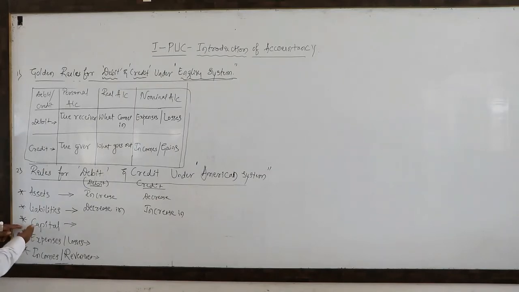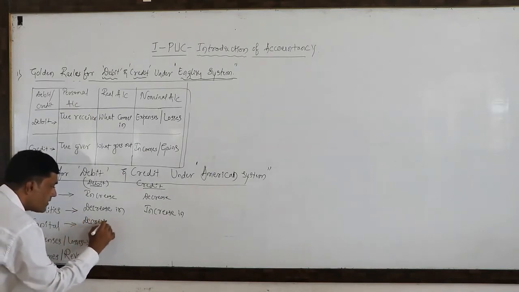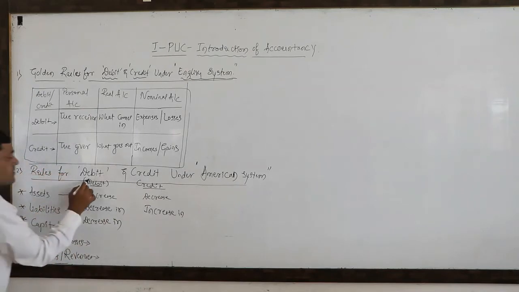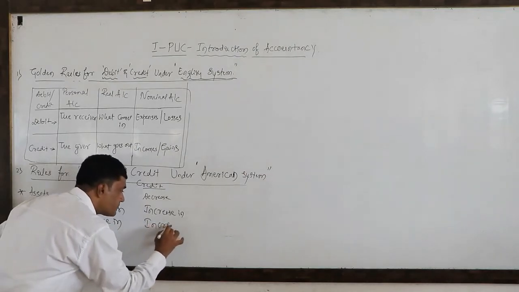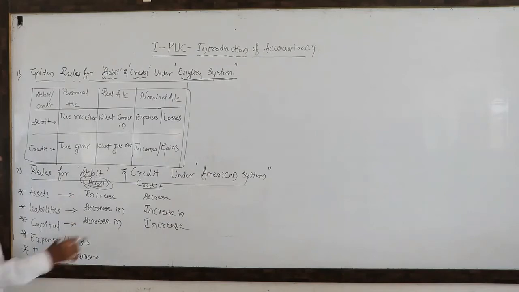Capital is just similar to liability. Both are obligations, both are responsibilities for the organization. That is the reason decrease in capital, debit; increase in capital, credit.